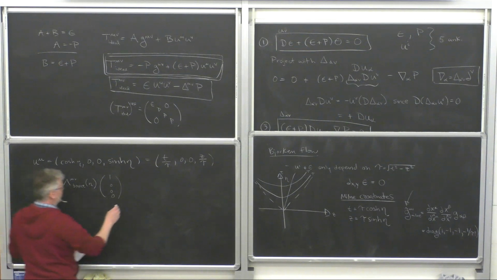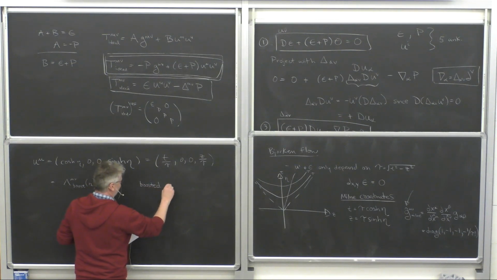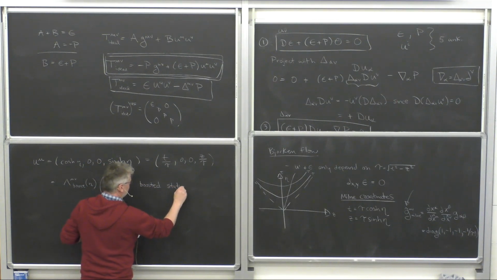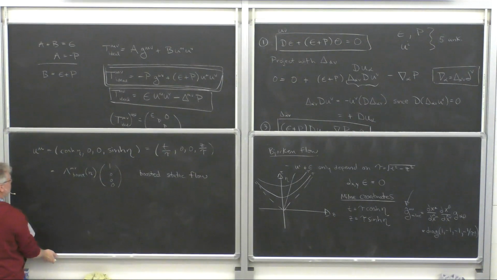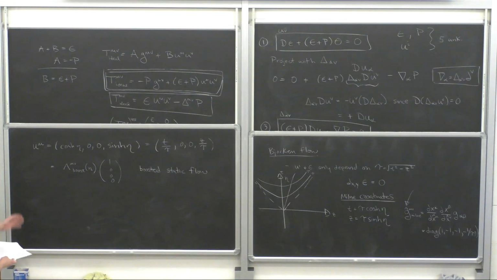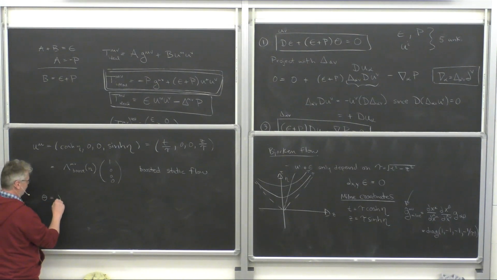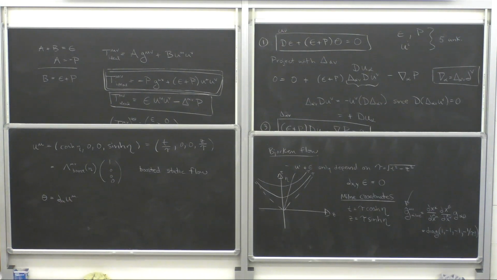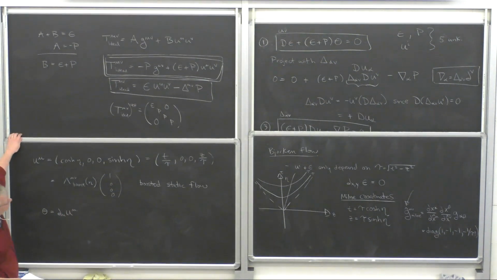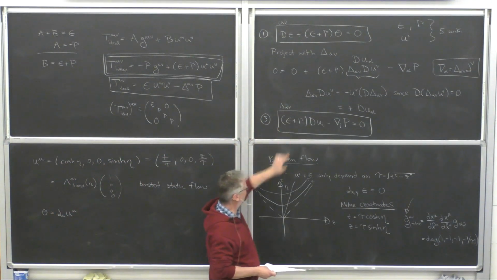So this is just a boosted static flow. Once we have this explicit form for u mu, we can, in whatever coordinate system you prefer, evaluate the four divergence.